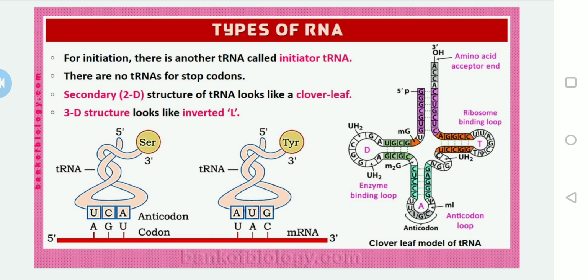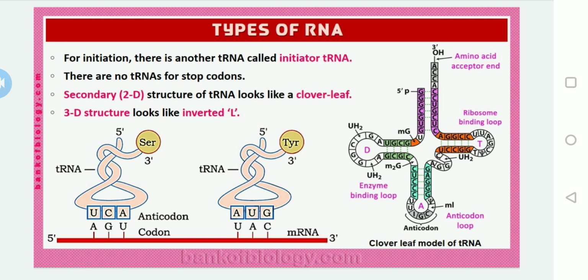It consists of the following features: an acceptor arm, which has the 3' end with CCA as the terminal nucleotides to which the amino acid binds, and the DHU loop, containing dihydrouridine nucleotides, which has the amino acid activating enzyme recognition site.